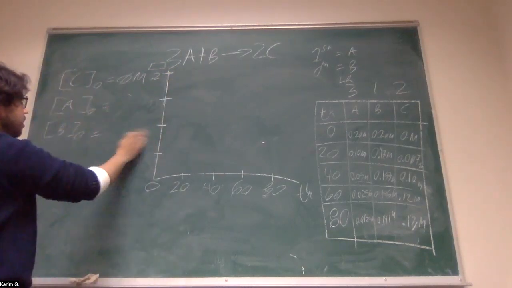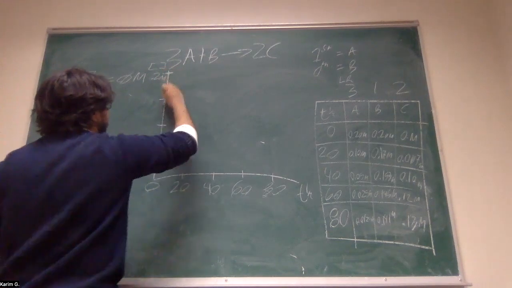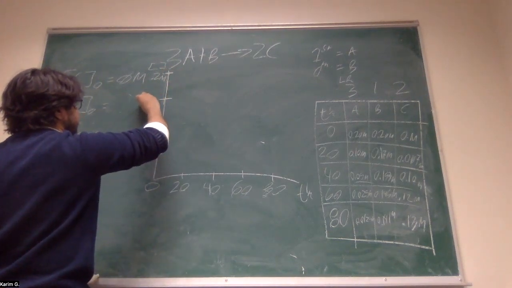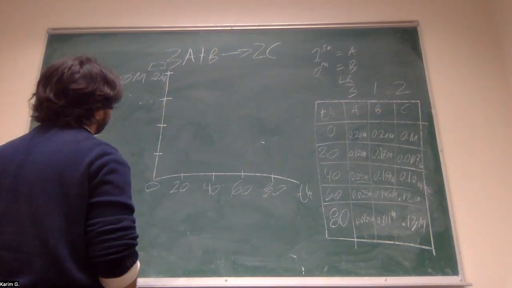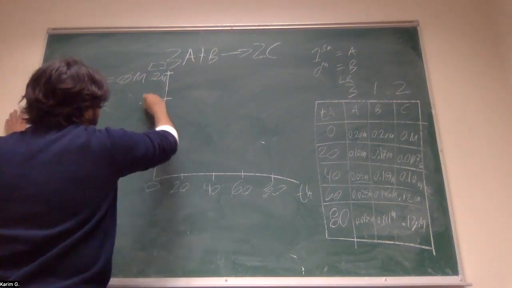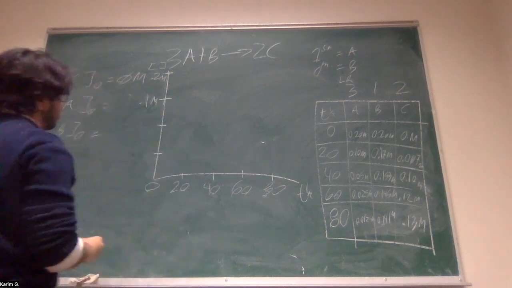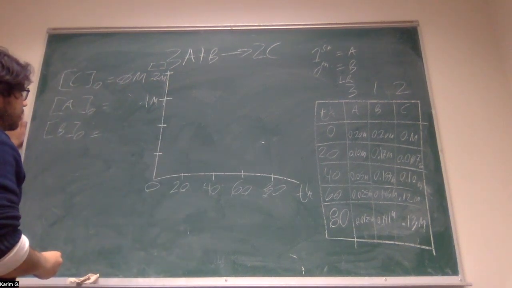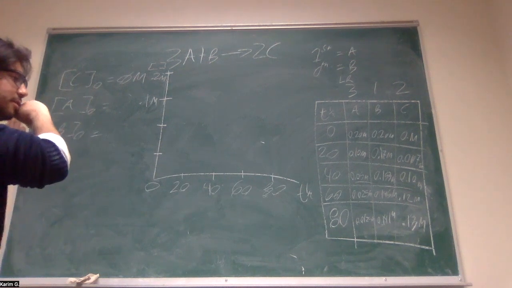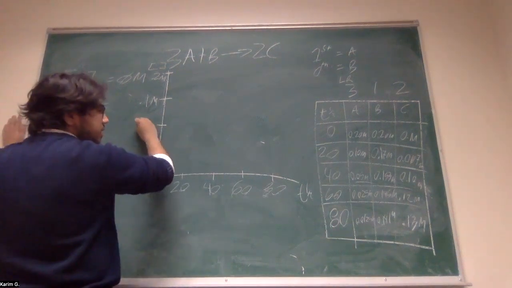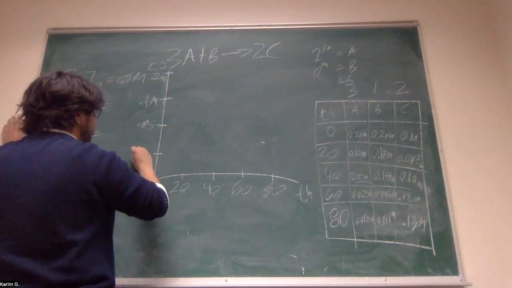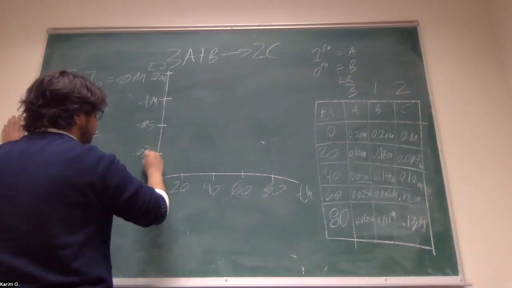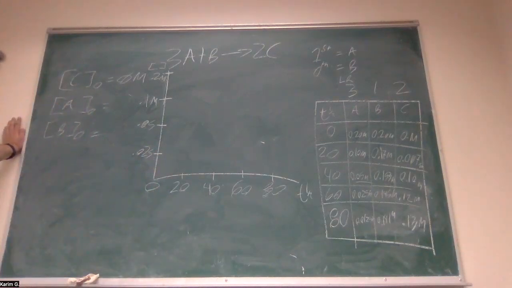I'm gonna erase these. 0.2 molar here, and then I'm gonna do 0.1, 0.05, 0.25.